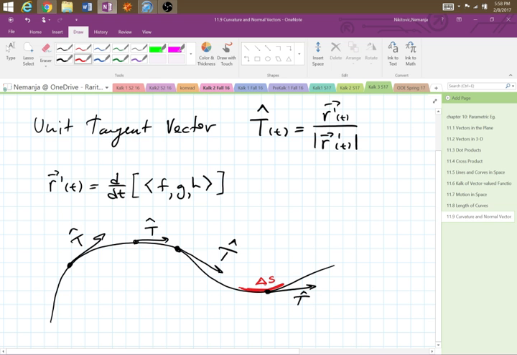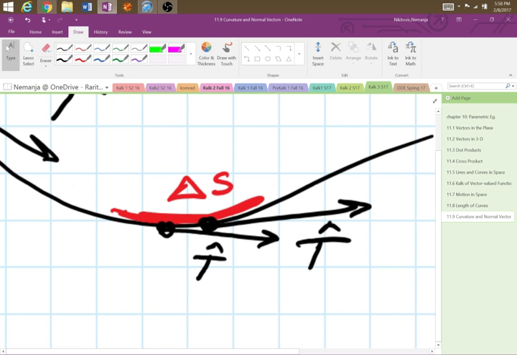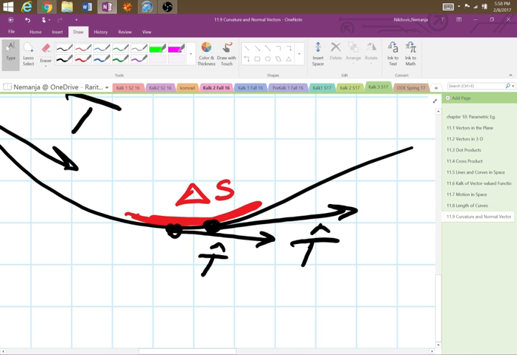It's very difficult for me to draw with great precision here, but these two tangent vectors are not the same, as you can see. Over the small arc length here, as this tangent vector moves from one point to another, the direction of the tangent vector will adjust.